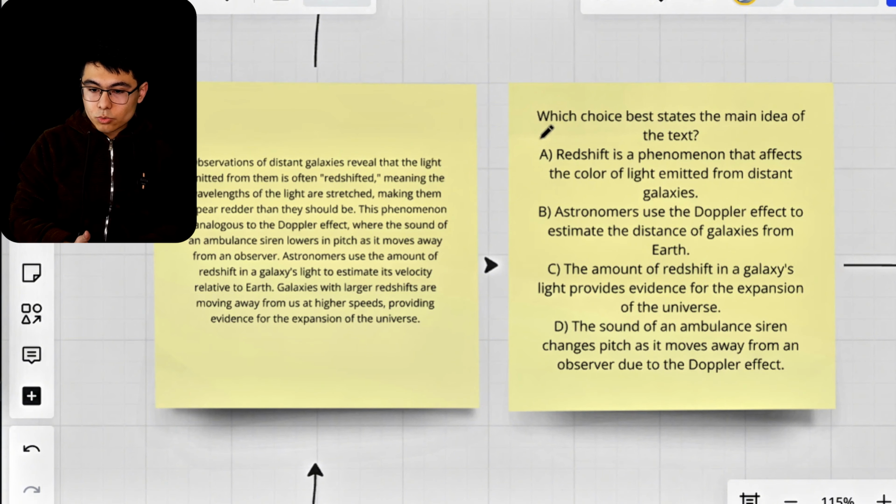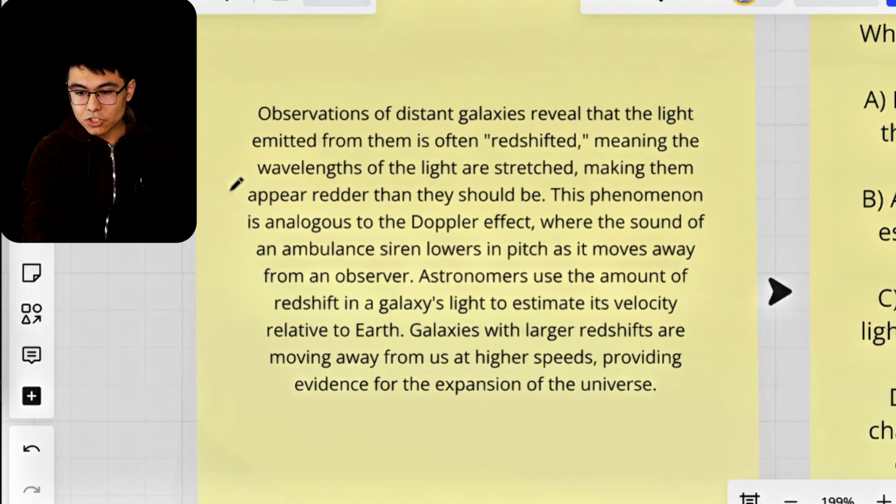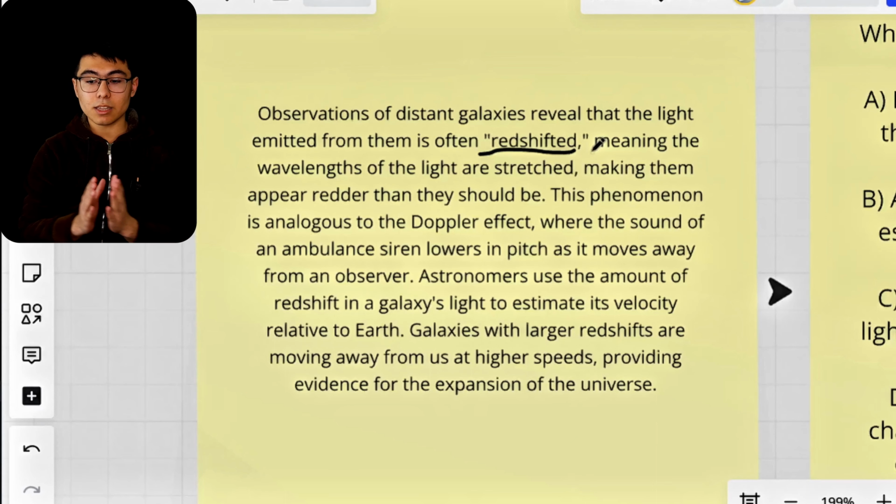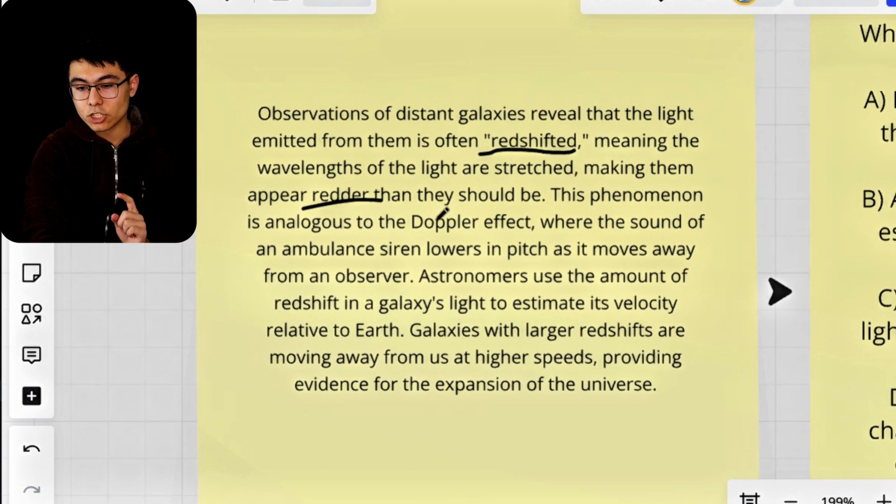So let's read the text. It asks for the main idea. Observations of distant galaxies reveal that the light emitted from them is often redshifted. So now we know the general topic, which is redshifted light, meaning the wavelengths of the light are stretched, making them appear redder than they should be.